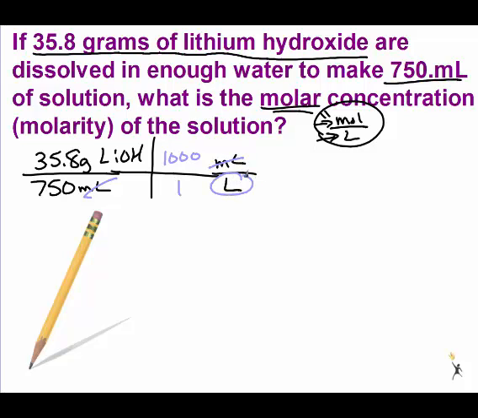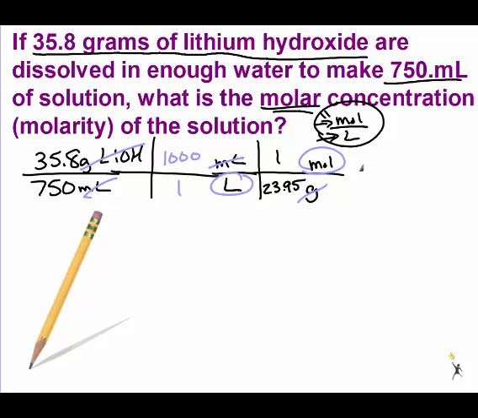I have my bottom unit. Now I need to convert my grams to moles. Well, I know 1 mole is equal to so many grams. And I can get those grams from the periodic table. And I get 23.95. Grams cancel, leaving me with moles.